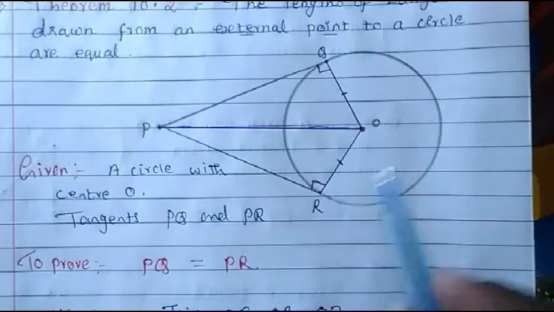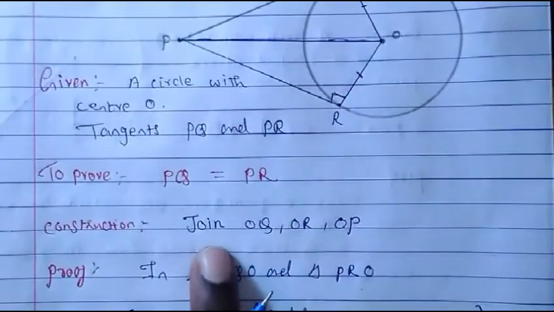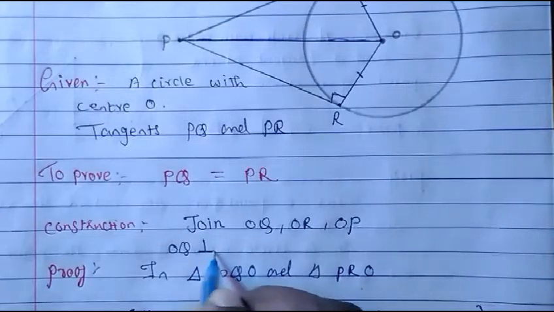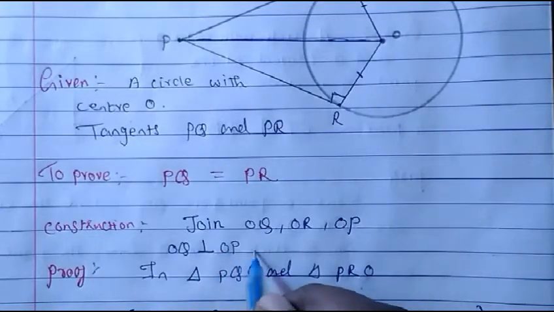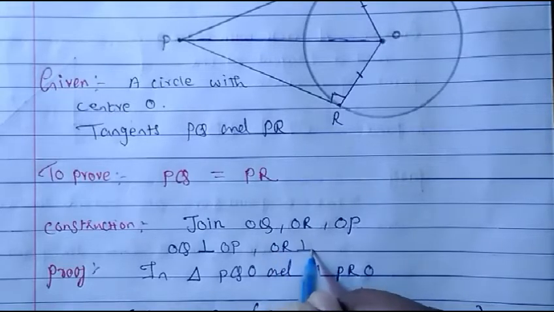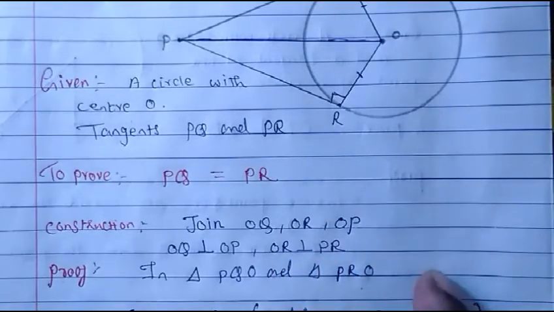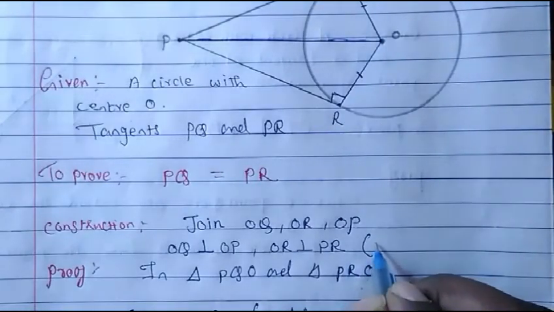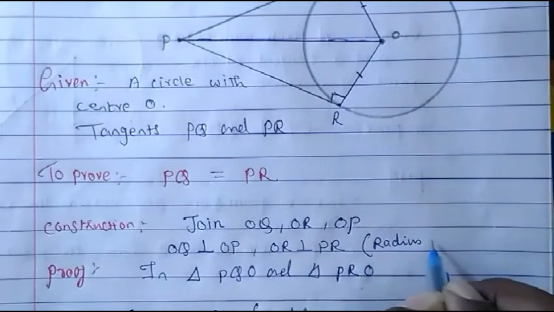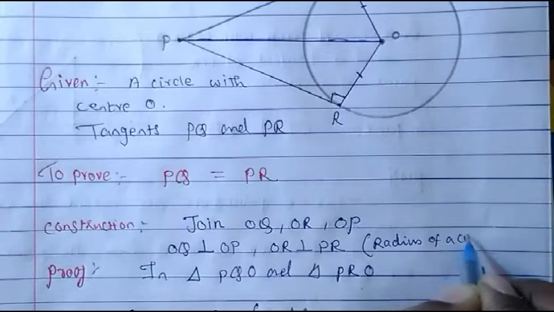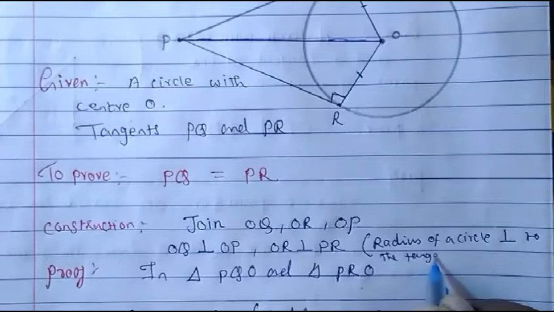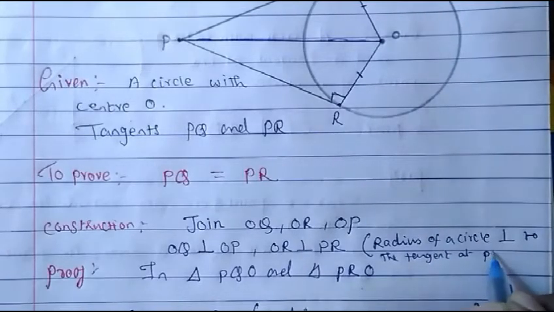If you want, you can write this down in the construction also. We can say that OQ is perpendicular to PQ and OR is perpendicular to PR. You can say that because in theorem 10.1 we have studied that the radius of a circle is perpendicular to the tangent at the point of contact.